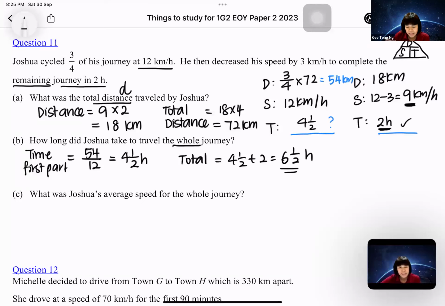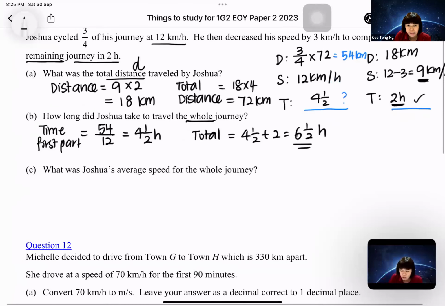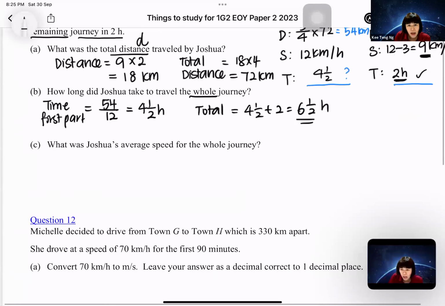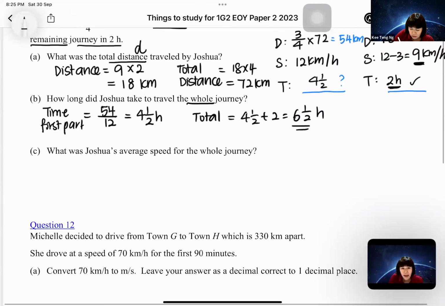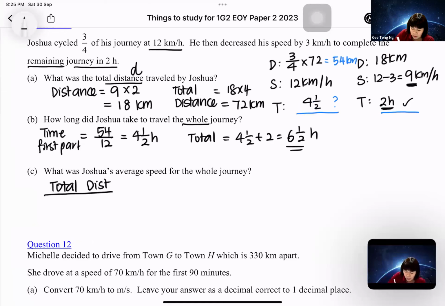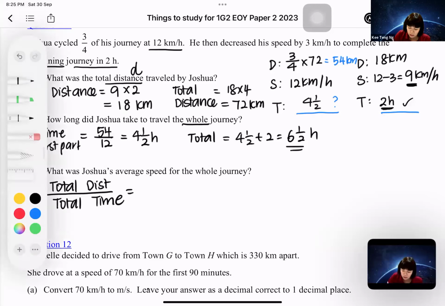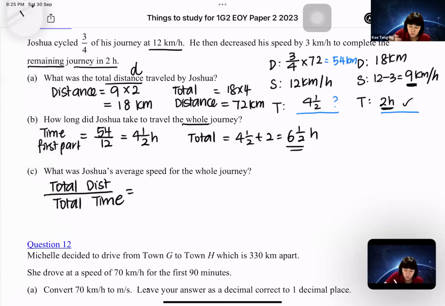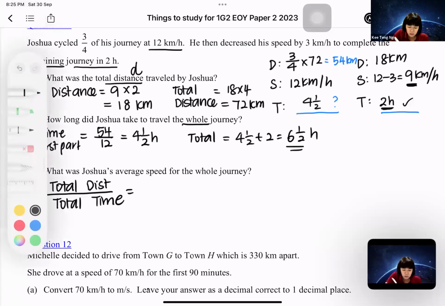Then now the question says I want to find the average speed. Average speed means total distance divided by the total time taken. What was our total distance? Oh, in this case, can I write it the other way around? We found our total distance already, right?